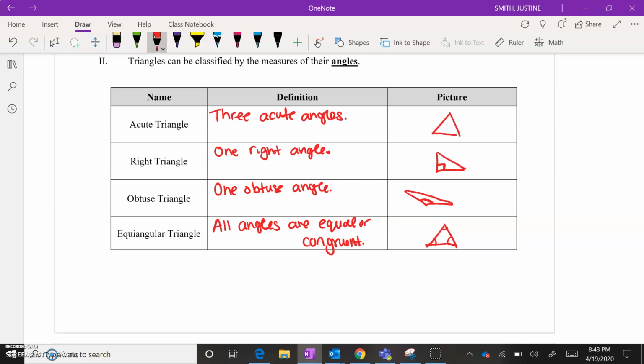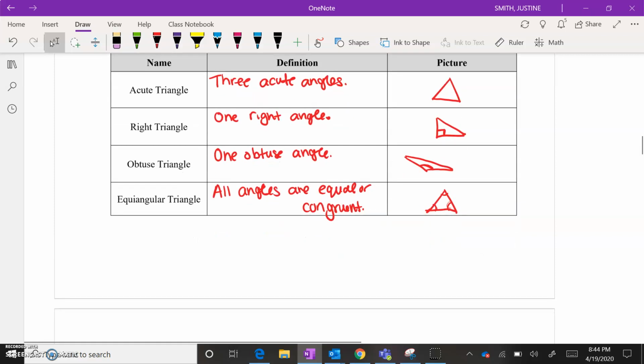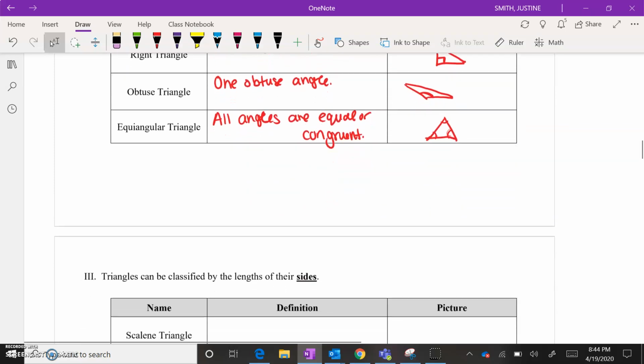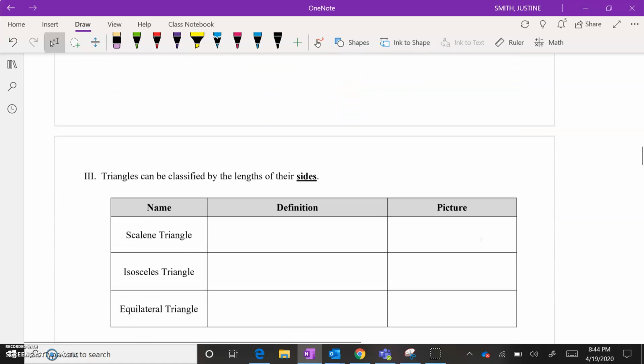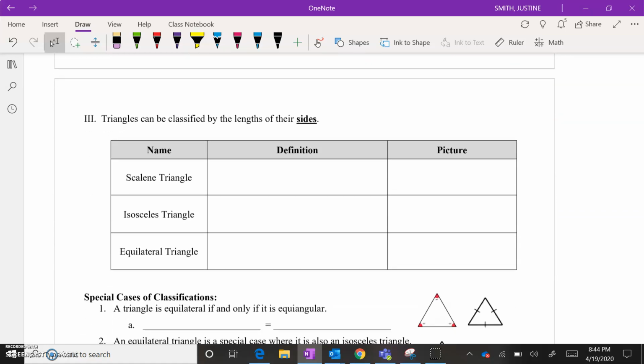This could still be an acute triangle, but I'm not going to put markings on there. When they have these markings, that means that they're congruent. Okay, so we could still put those markings on here. This would still be acute, but I'm just going to keep them only on this one so that if they have these markings, it means all of the angles are the same measurement, which means it would be equal angular.